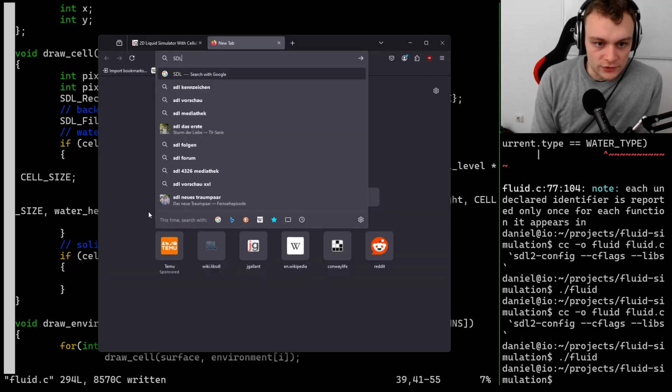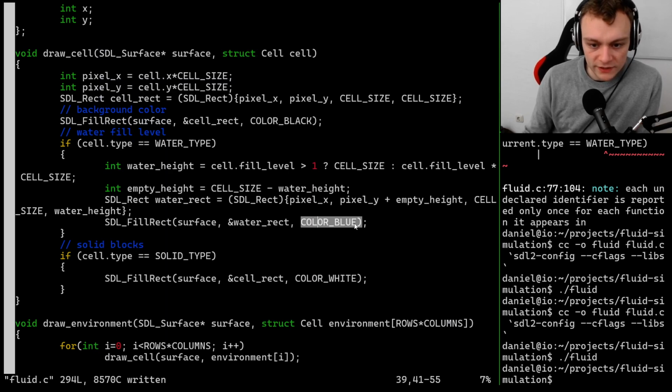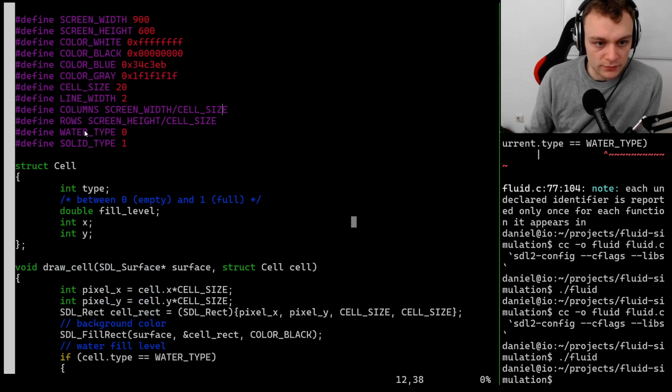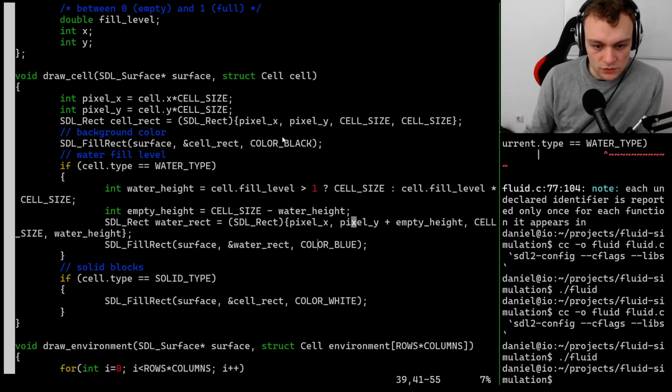Then to do that, we would have to figure out how to interpolate colors, because I would like blue to be the maximum value and black probably the minimum value.